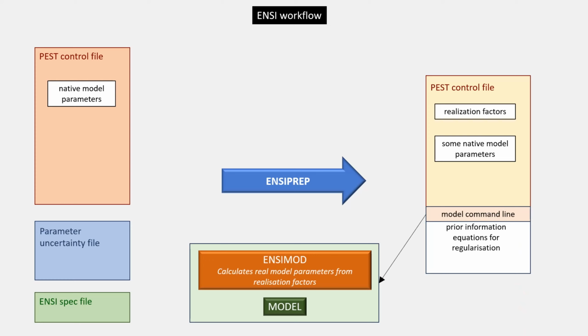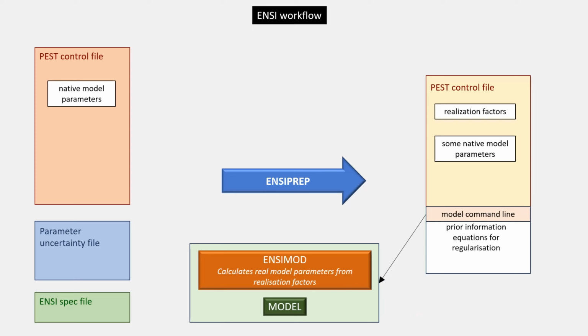Then it takes the original model batch file and adds ENSI Mod to that original model batch file. ENSI Mod calculates native model parameters from realisation factors. So whenever the model is run, ENSI Mod runs first and then the model can run.